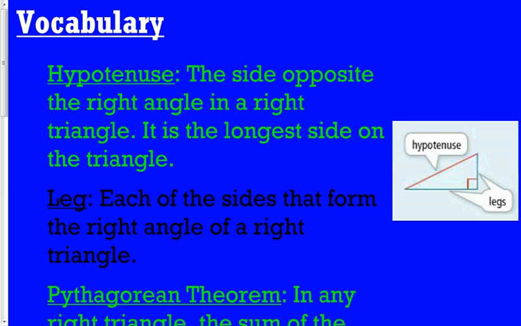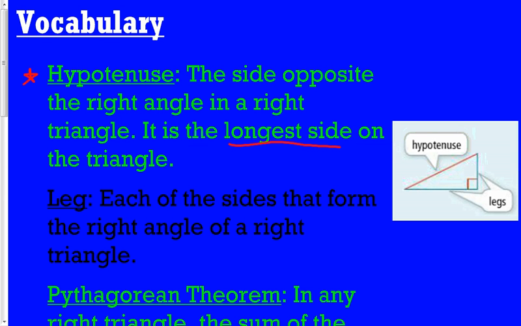So let's start off with a little bit of vocabulary. First, you've got to know the parts of a right triangle. I'm going to quickly review those. The first part is the hypotenuse. The hypotenuse is the side opposite the right angle in a right triangle. It is also the longest side on the triangle. Kind of reminds you of a hippopotamus.